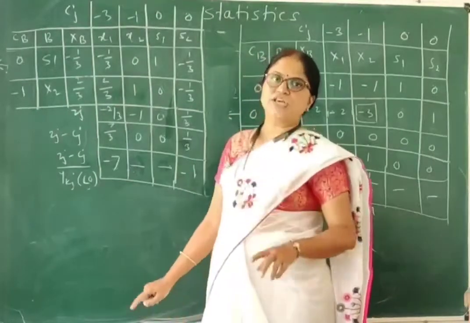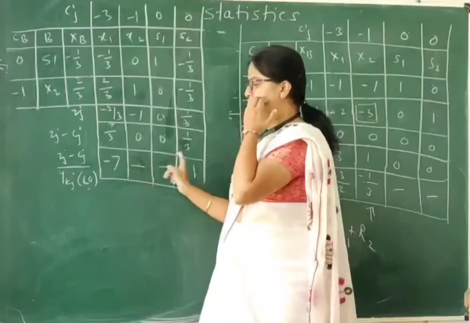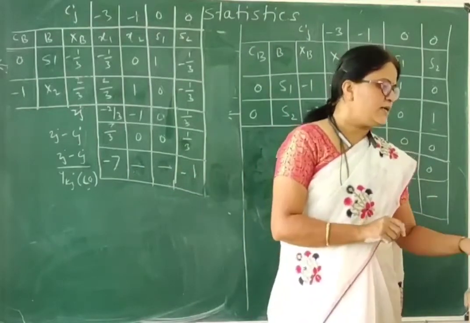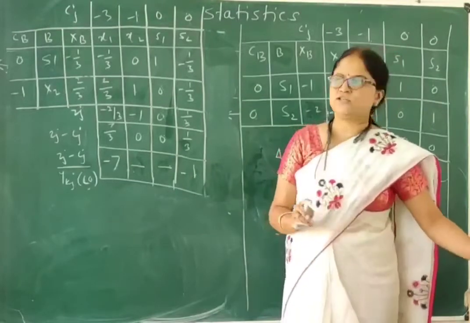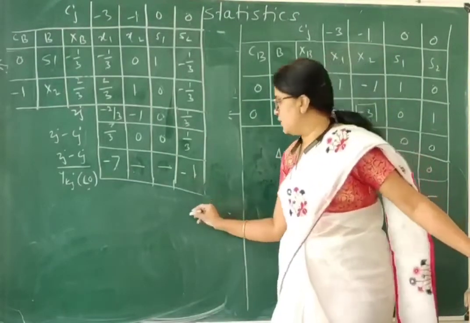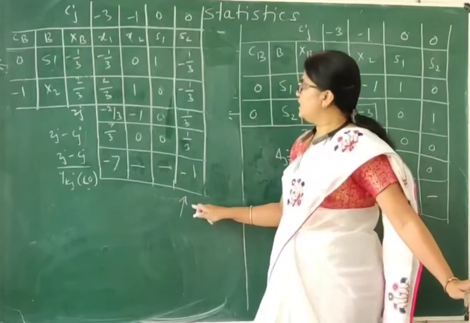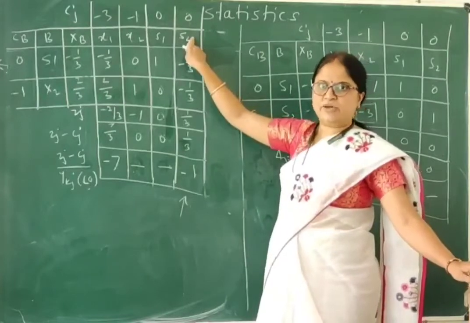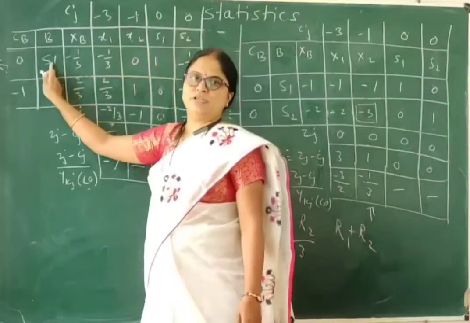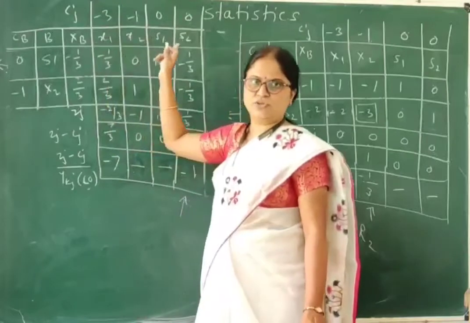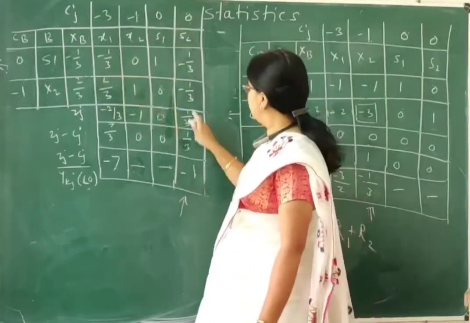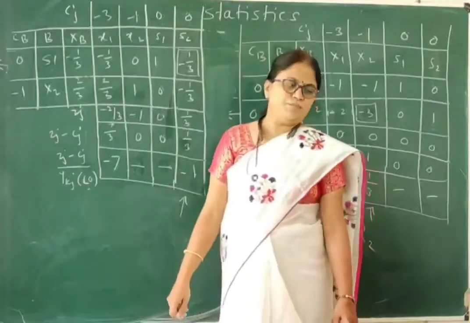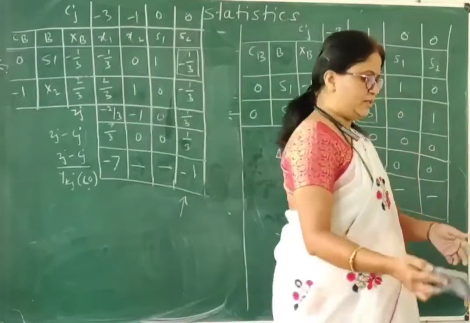Now out of these, we select the largest ratio, and my largest ratio over here is minus 1. So my x2 variable is now the entering variable, and x1 is my leaving variable, and hence the pivotal element is minus 1 by 3.